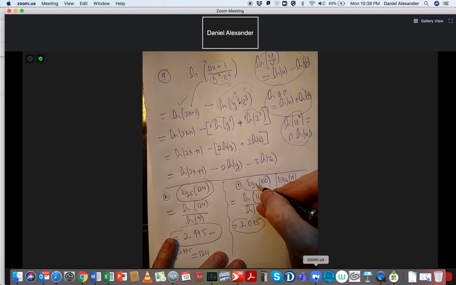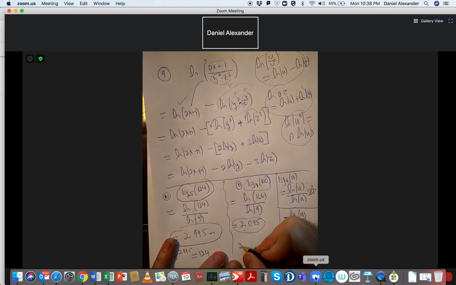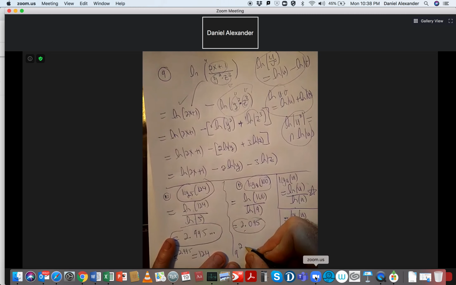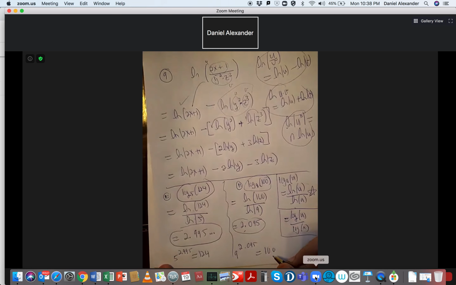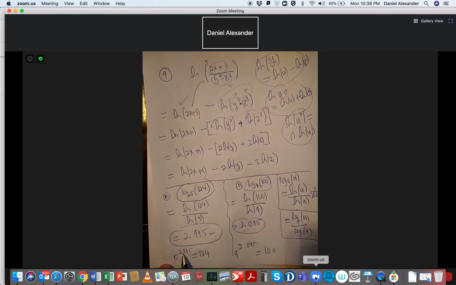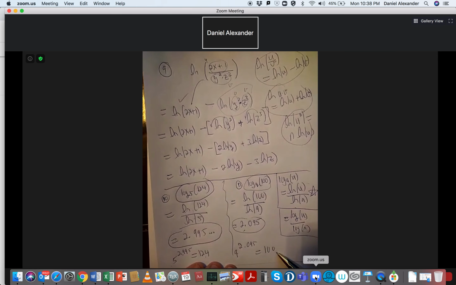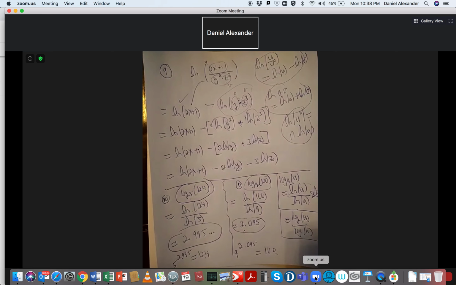So that means that the base to the exponent, 9 to the 2.095, is equal to 100. Now these make sense to me. 5 cubed is 125. That's almost 5 cubed, so it makes sense it would be 124. 9 squared is 81, so with a little bit more change, you're going to get closer to 100. To me, that makes sense as well.